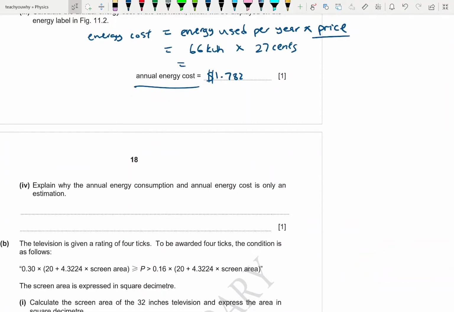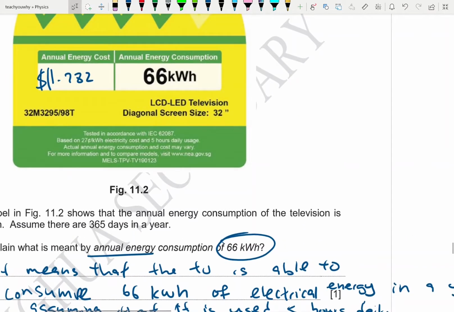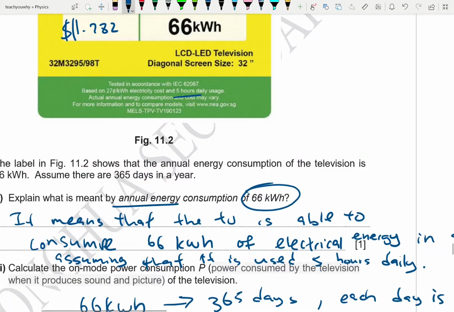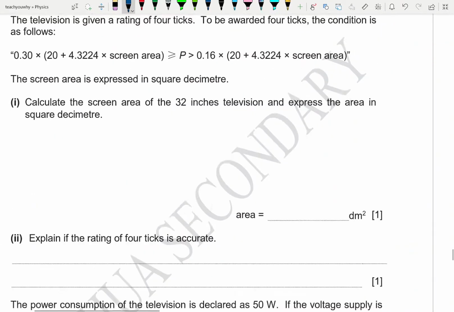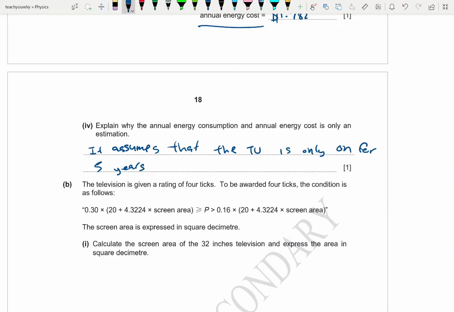Explain why annual energy consumption and annual energy cost is only an estimate. As it mentions, they assume that you turn on the TV for 5 hours. So one reason is that it assumes that the TV is only on for 5 hours a day.